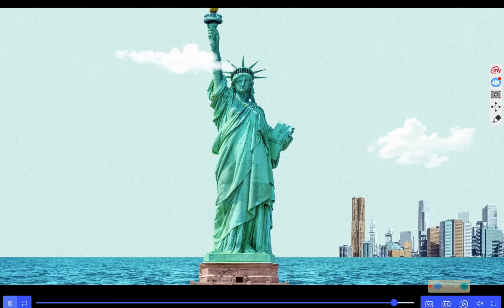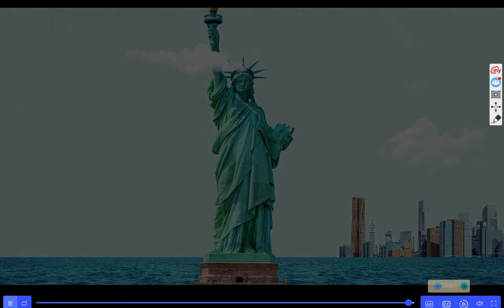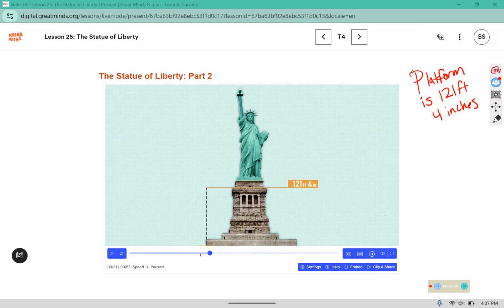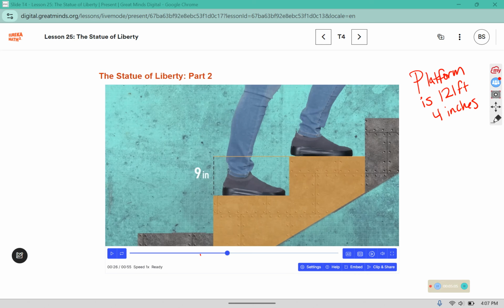But it didn't tell us how many steps there were. So we might need a speed for how fast she is climbing the steps. I'm going to make a note that the platform was 121 feet and 4 inches. I will also make a note that each step has a height of 9 inches.